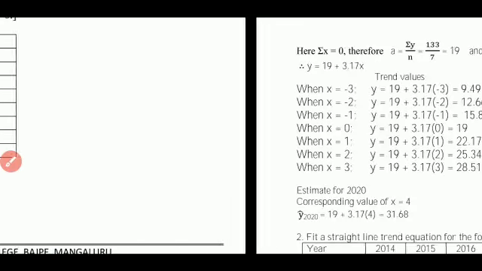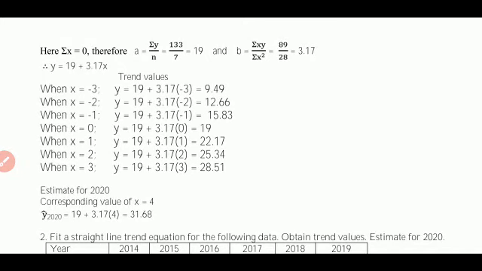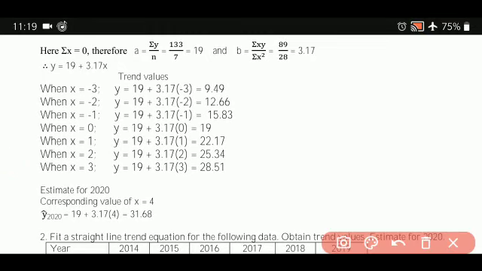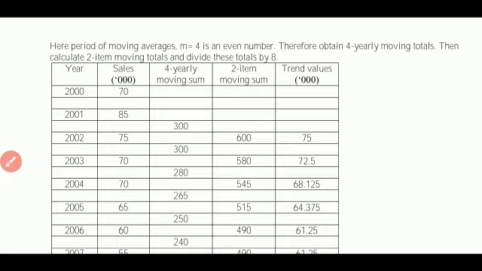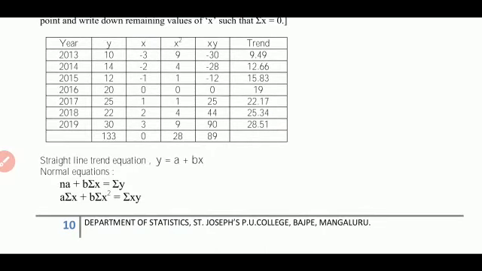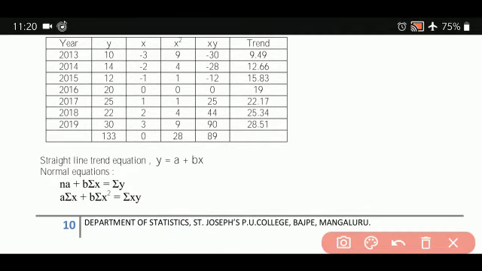Now we are going to substitute these values here. Summation x is equal to 0. So what is the value through the formula? What is the value of a? A is summation y divided by n. And for summation y, you have to make the total of the y column. You have to make the total of summation y, that is 133. This is summation y, this particular value here.